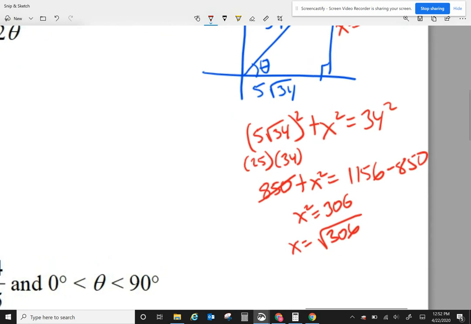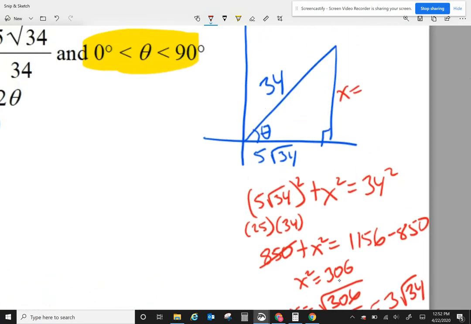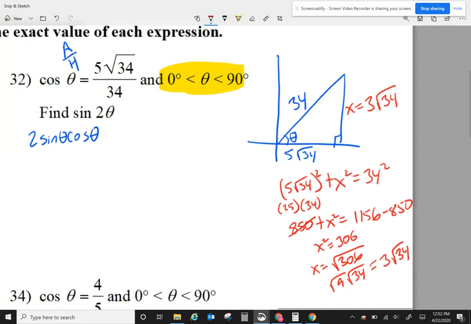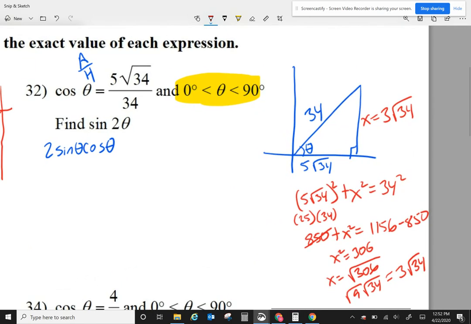I check on my calculator, that's a decimal. However, I can split 306 as 9 times 34. And the reason why, because 9 is a perfect square. So this is 3 radical 34. Okay, so ready to use my formula.